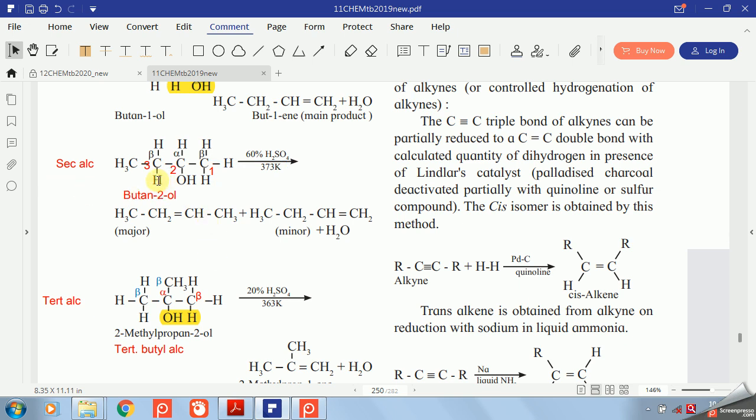the double bond is in between carbon number 2 and carbon number 3. Okay, so we get a major product. So what is the major product? So what is the name of these two compounds? This one is minor.